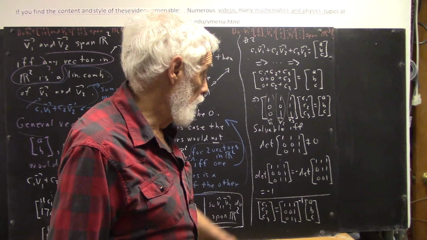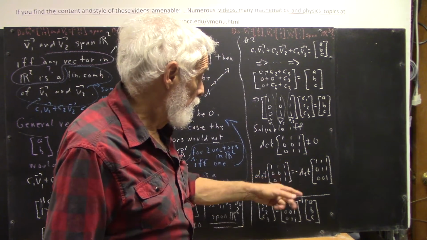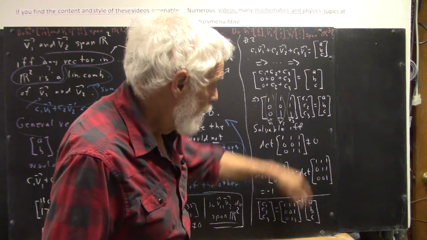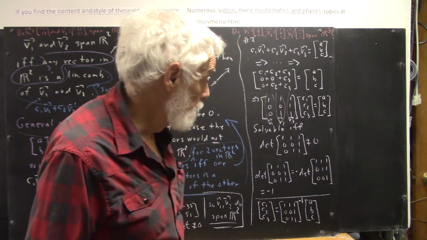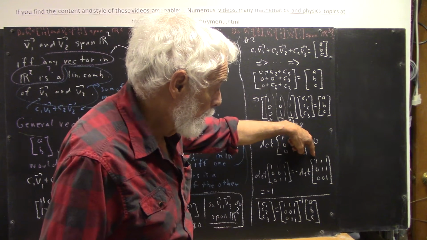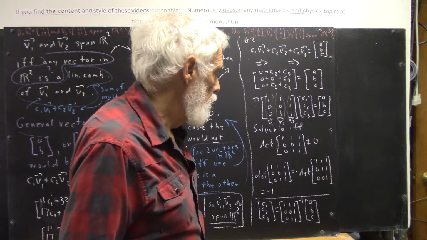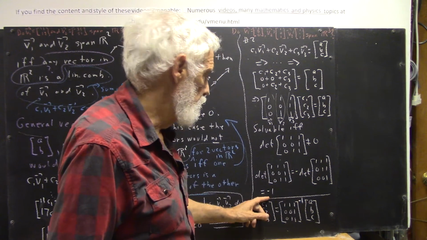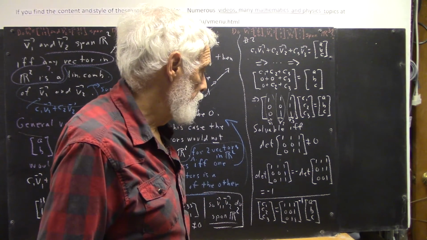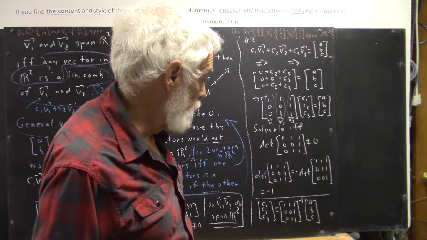This then being an upper triangular matrix, the determinant is just the product of the diagonal elements, which are all 1, and we have the negative of that, so the determinant is -1. So clearly the determinant is not 0.